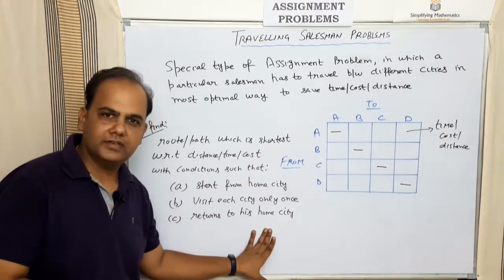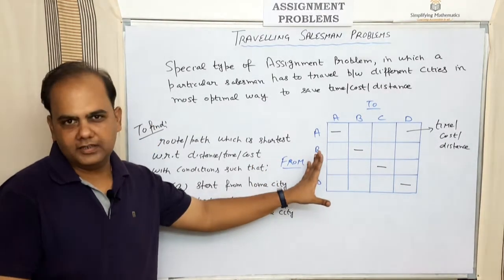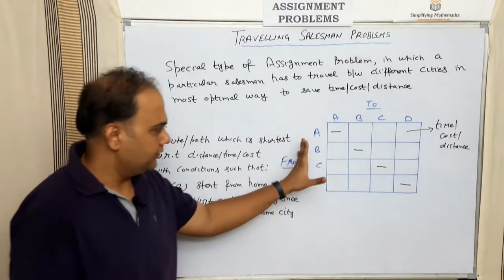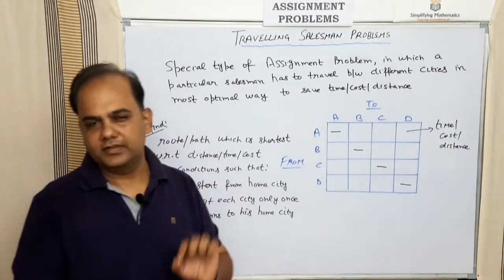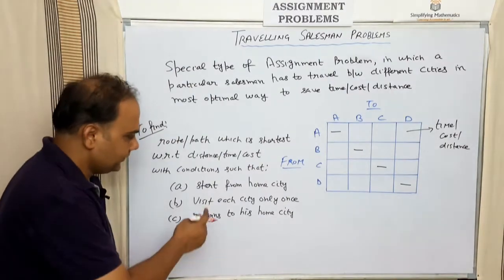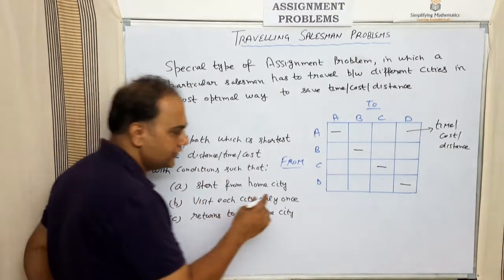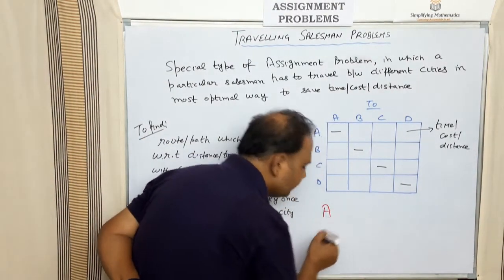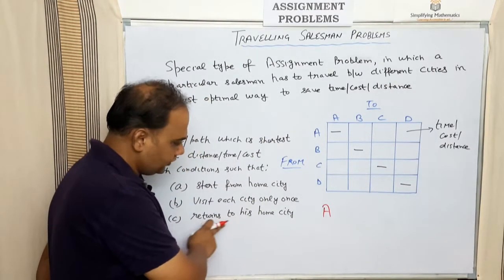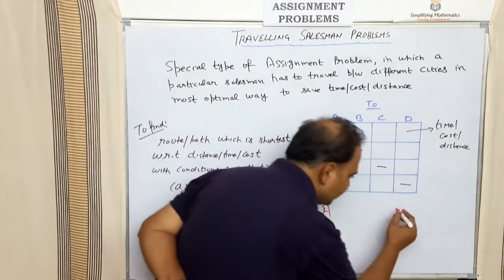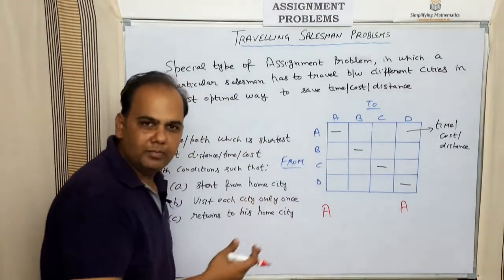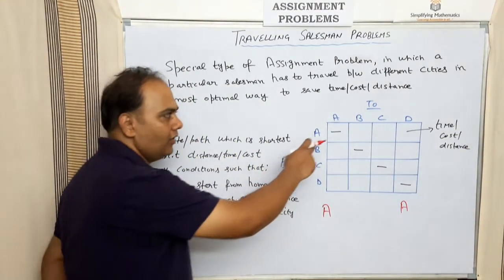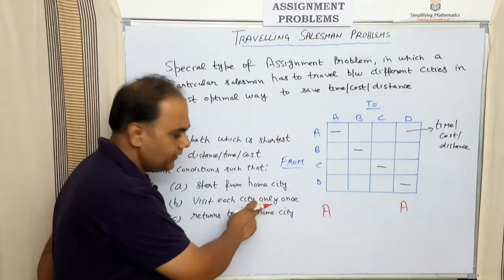So based on these conditions, you have to find the path by which the salesman should travel between all these cities so as to minimize the time, distance, or cost. For example, he should start from the home city, this is the home city, and the next condition is that he should return to his home city. So where he started, he has to come back there, with the condition that all cities should be visited only once.